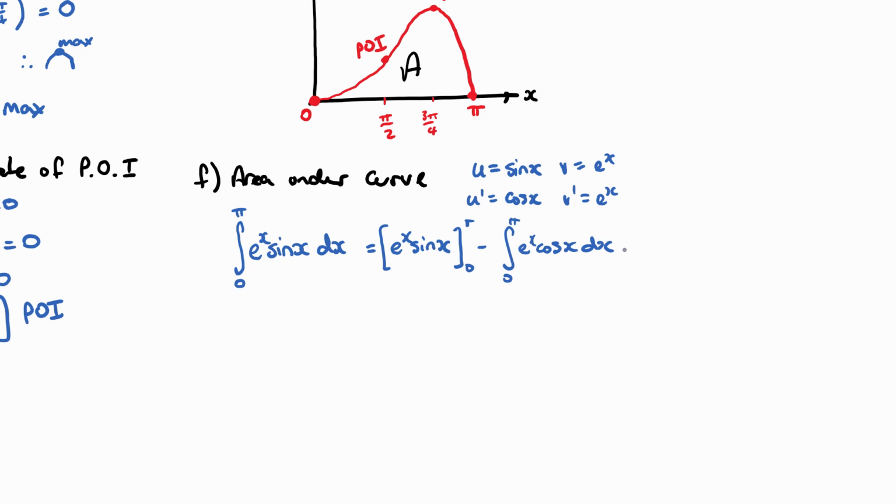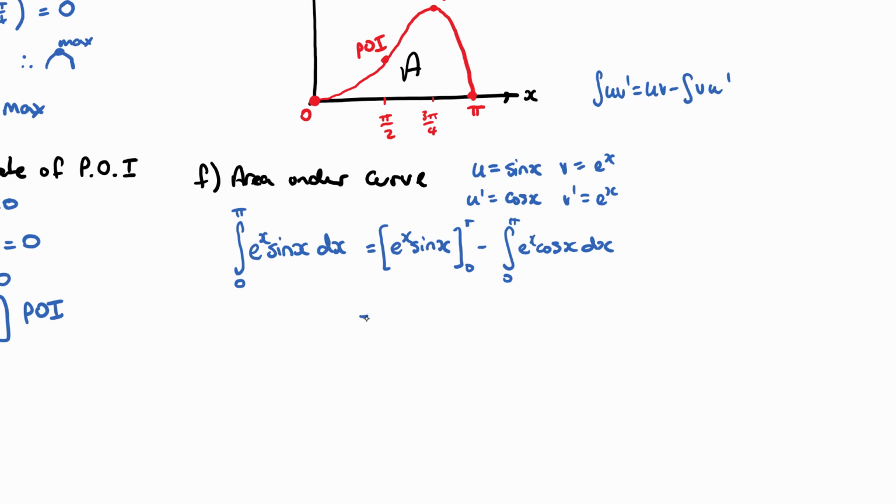So this is integration by parts. If you've forgotten the formula, it's the integral of u v dash equals uv minus the integral of v u dash. Now, notice that we're going to have to integrate this as well. This is also an integration by parts, because we can't integrate this into a simple term just yet.